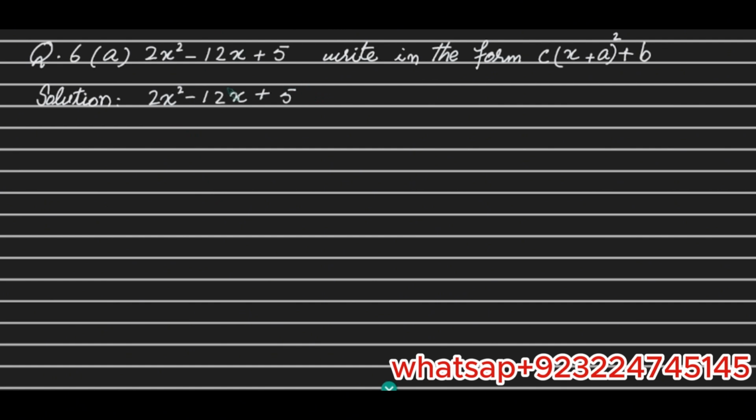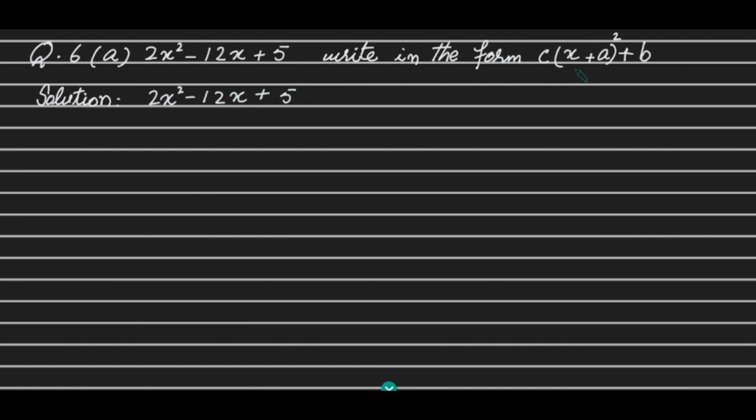Question number 6. We have to write in the form c into (x plus a) squared plus b. We will solve it by completing the square, but at first we take 2 common. Taking 2 common, we write x squared minus 6x plus 5 by 2.